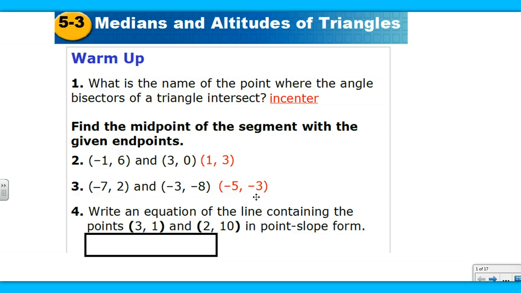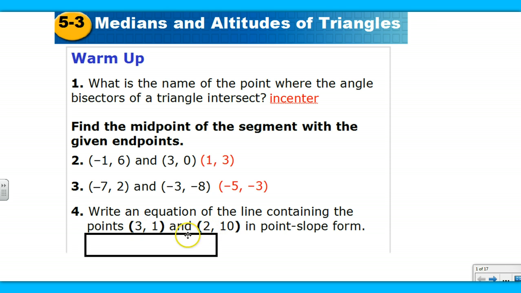Number 4, write an equation of a line containing the points 3, 1 and 2, 10 in point slope form. Remember, point slope form is y minus y1 equals m, your slope, times x minus x1. And so you had to use these points to find what first?